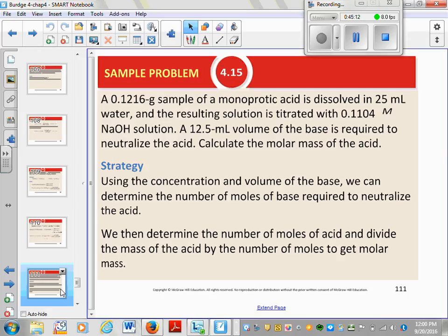Do we have moles of acid? No, we still don't have the moles of acid. But we know the definition of molarity, moles of solute per liters of solution. So we know the molarity is 0.0552 moles per liter.